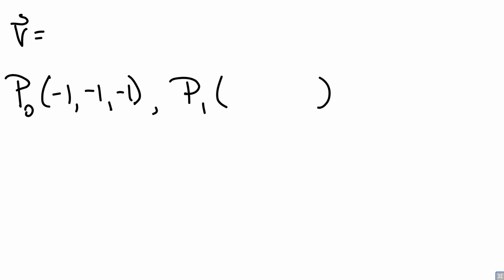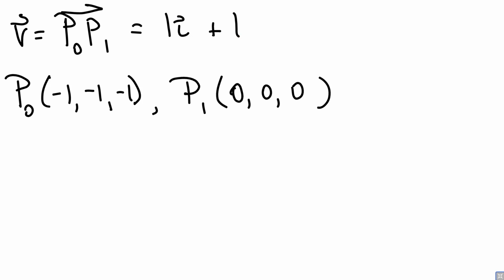So that would be our second point, 0, 0, 0. Now our vector v is the vector from p sub 0 to p sub 1. If I create this vector, I'm going to have 1 in the i direction plus 1 in the j direction plus 1 in the k direction.